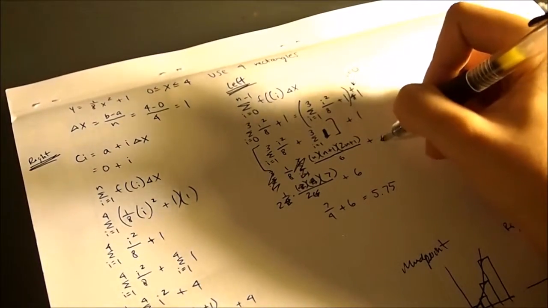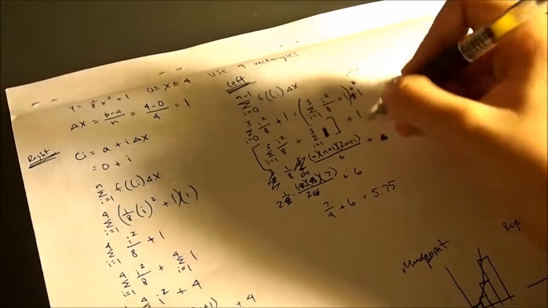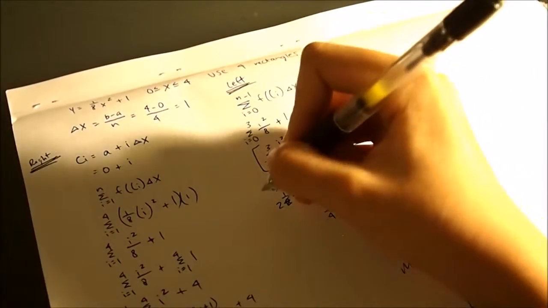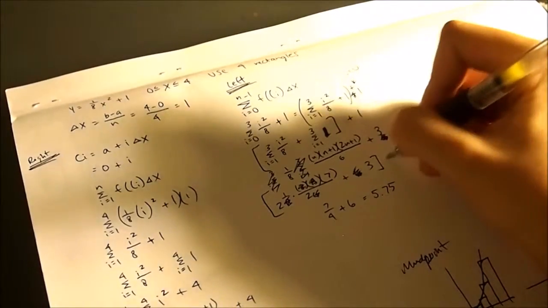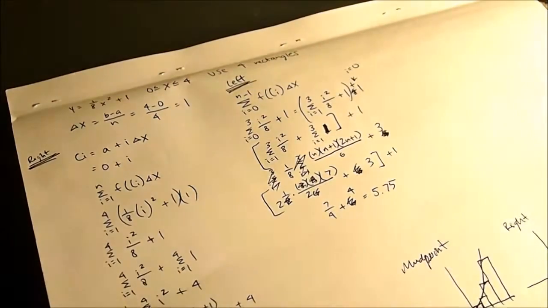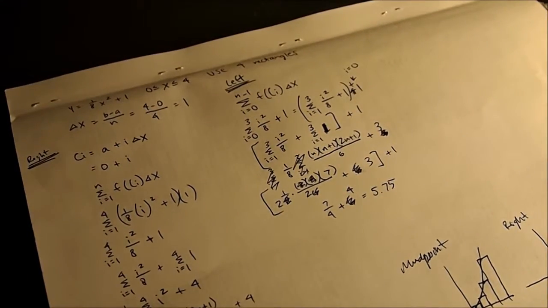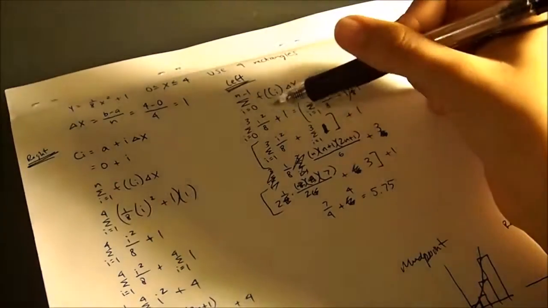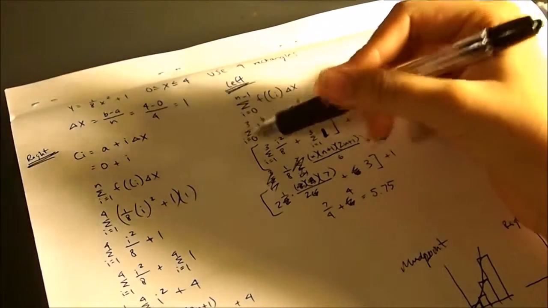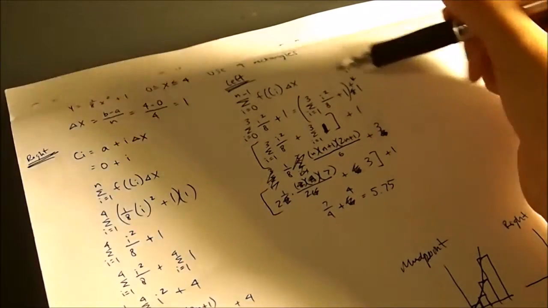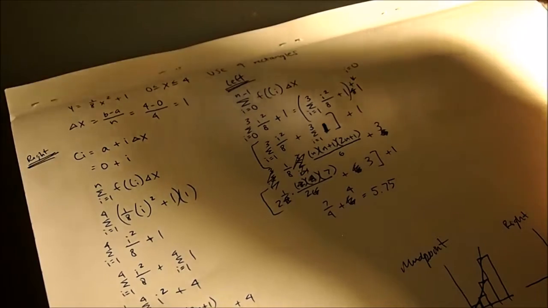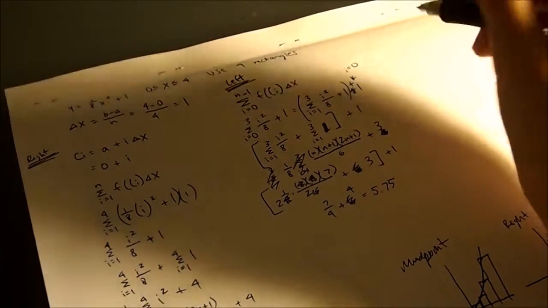So this isn't going to be a 6. This is just going to be a 3, and then you're adding 1. So this is going to be 4, and then it's going to be 5.75. Yeah, that was my mistake. So when i is equal to 0, when you're looking for that value, it's just going to be 1, and it's going to go on the outside, because you don't need to find the sum of that number and everything else. You can just add that in.